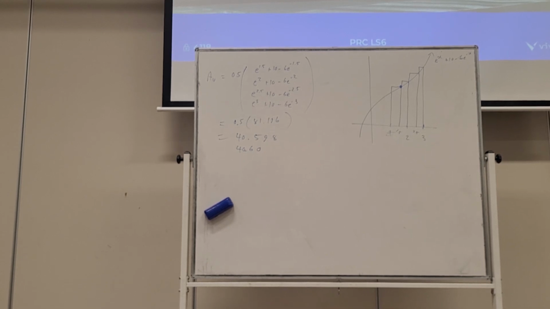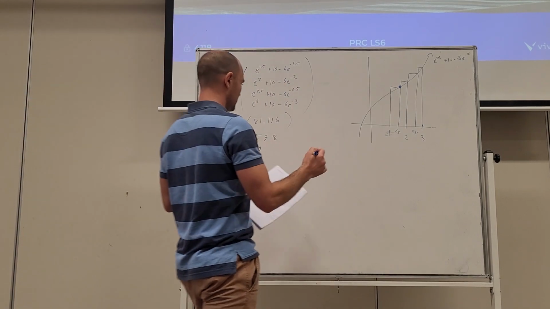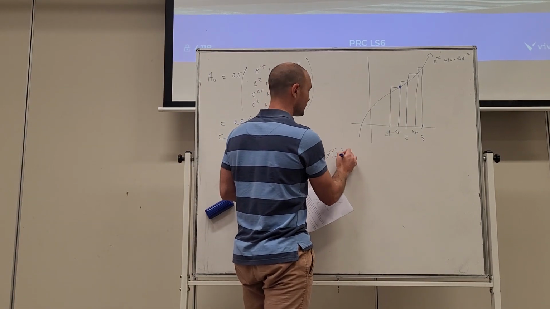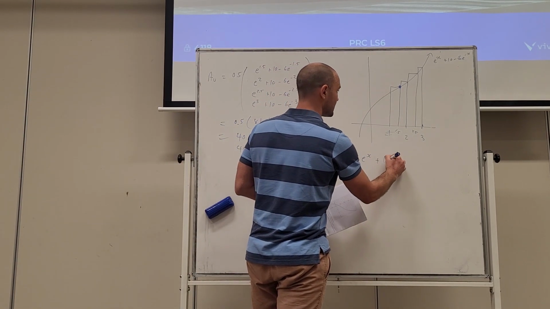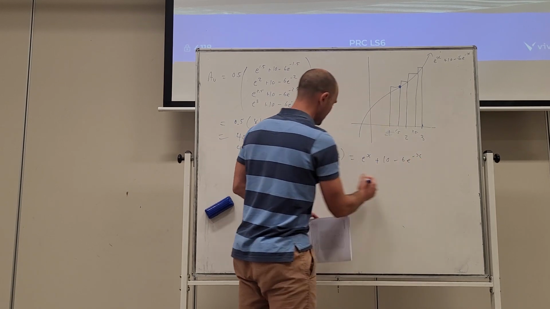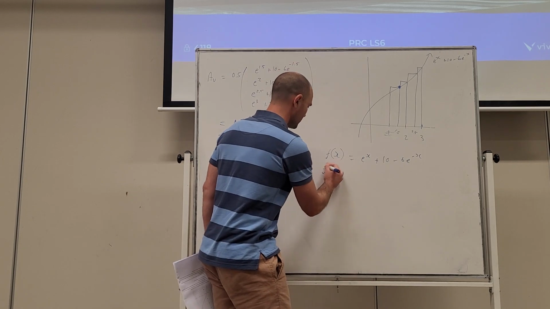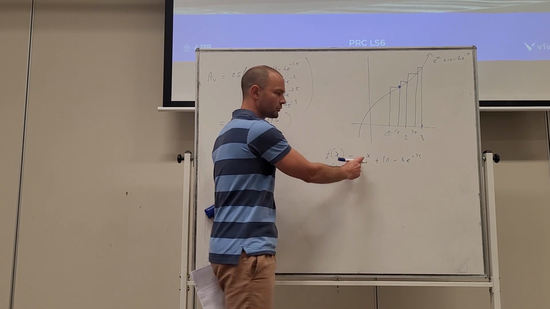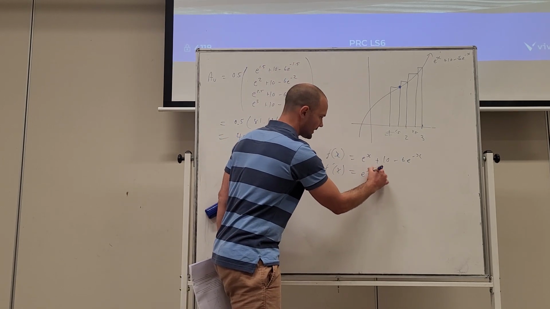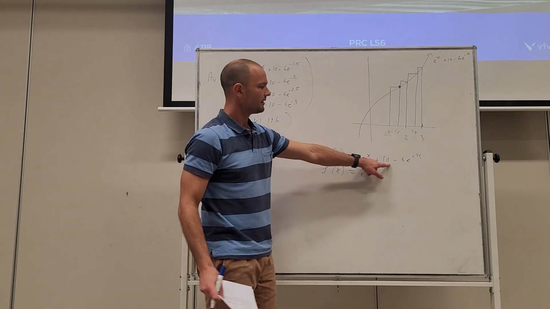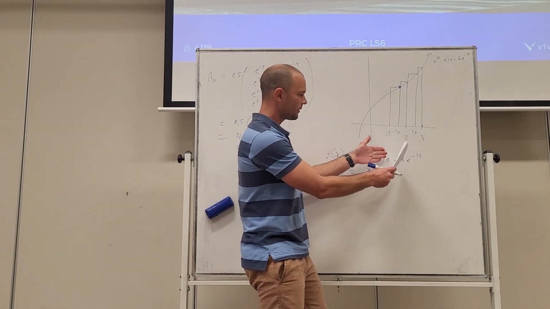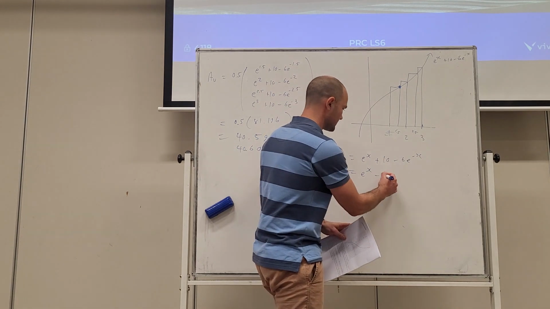So here's where we're bringing back the calculus. The function is e to the x plus 10 take 6e to the minus x. Find f double dash of x. So the first derivative, well the derivative of e to the x is just e to the x. Derivative of 10, that disappears. Then we have take 6, so that's going to be take 6.